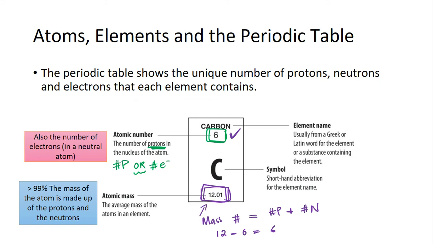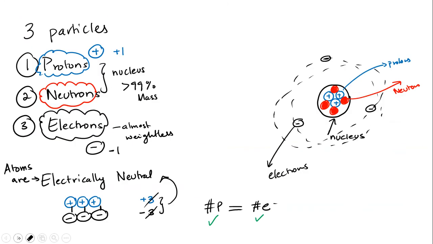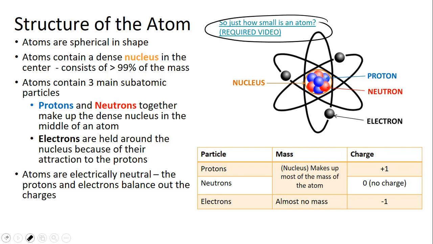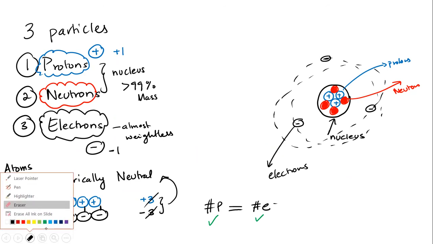Now you might be like, oh, it's half and half, so 12 must be 6 protons, 6 neutrons. Yes, it is, but that's just for this particular element. Not all elements have the same number of protons as the number of neutrons. For example, lithium, which is the element I actually drew in our picture. Lithium has 3 protons. See, it has the atomic number of 3. And if it has 3 protons, then it's lithium.